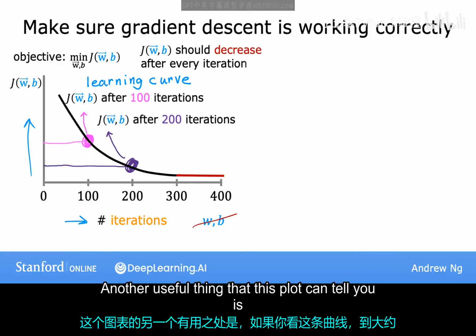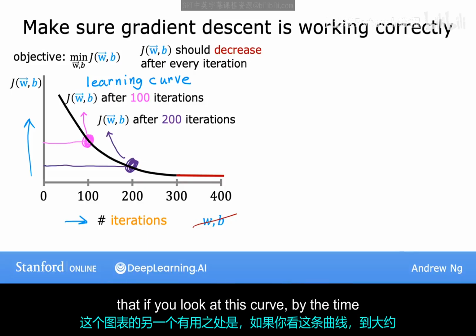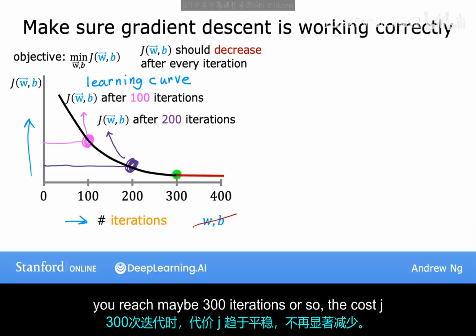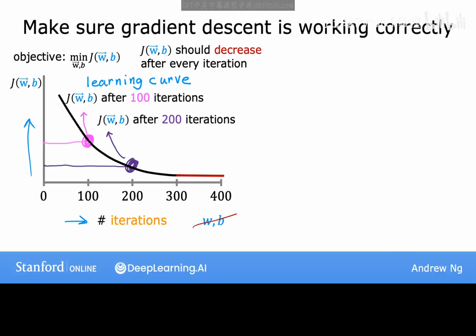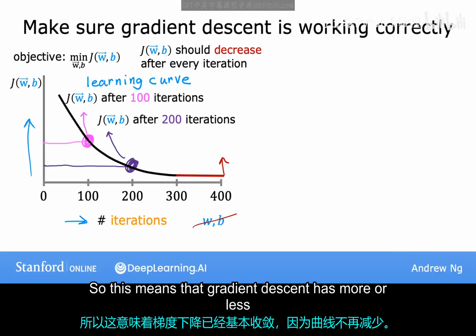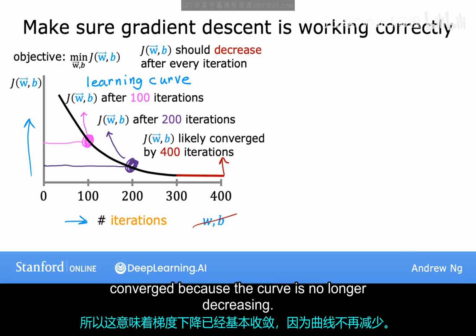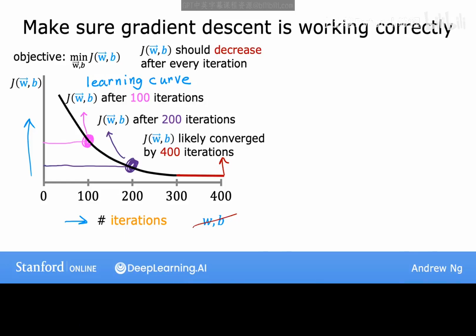Another useful thing that this plot can tell you is that by the time you reach maybe 300 iterations or so, the cost J is leveling off and is no longer decreasing much. And by 400 iterations, it looks like the curve has flattened out. So this means that gradient descent has more or less converged because the curve is no longer decreasing.